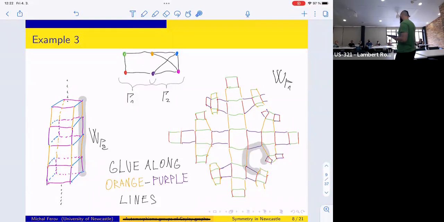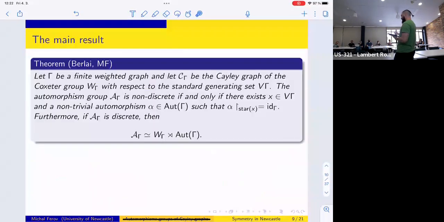So those were the examples, and I would like to somewhat formalize these ideas and give you the idea of what we proved.